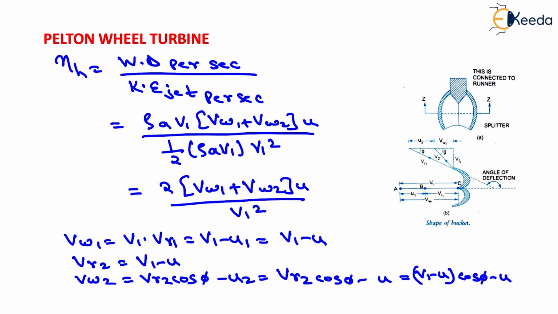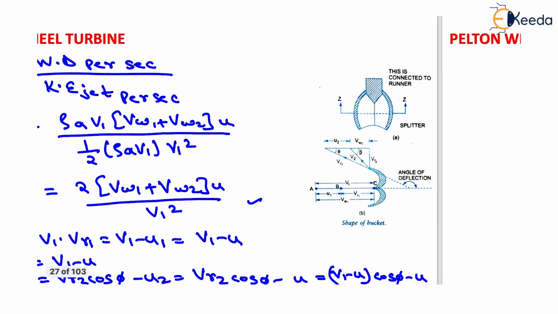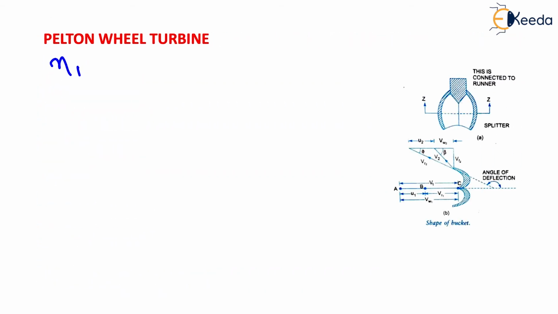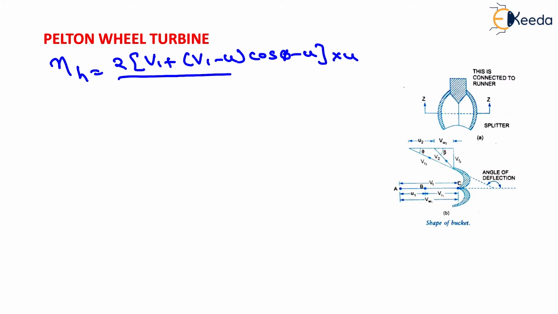Now substituting the values of VW1 and VW2 in this equation, we will have the efficiency of this turbine, that is hydraulic efficiency eta H, equal to 2 into [V1 minus U plus (V1 minus U) cos phi minus U] into U upon V1 squared.